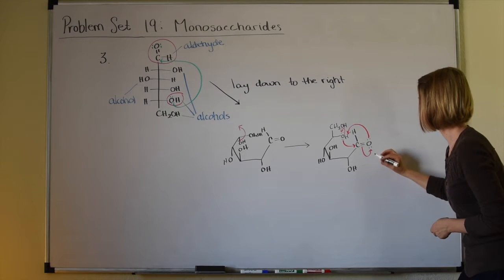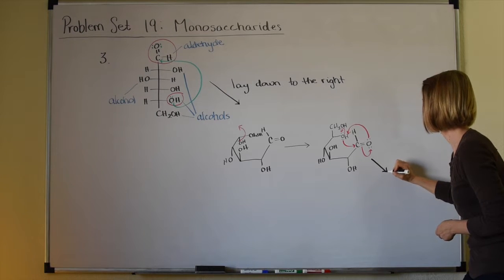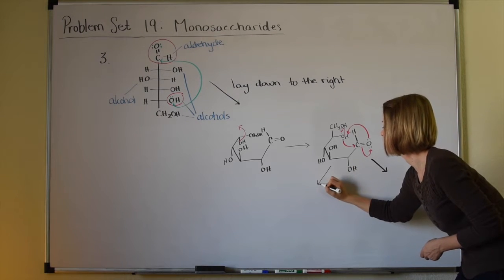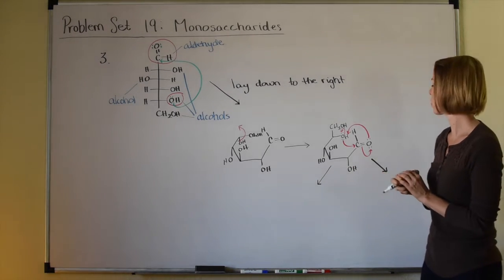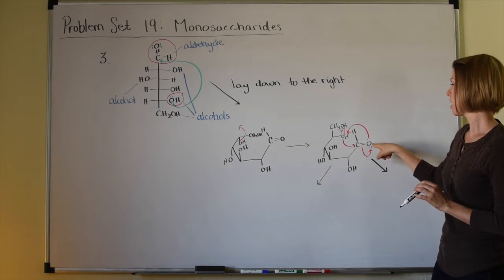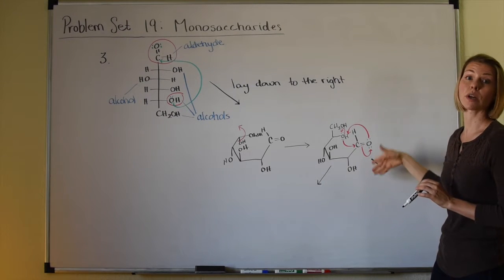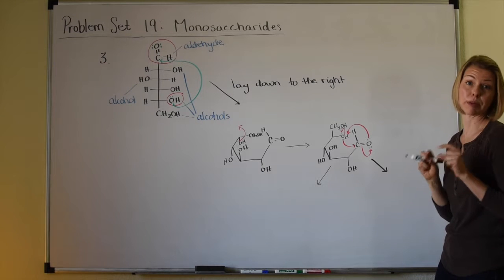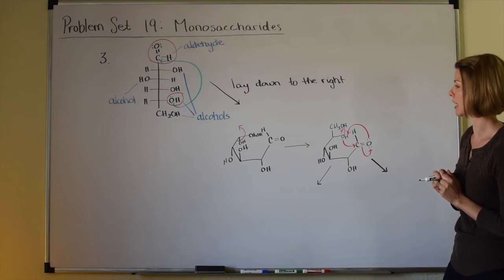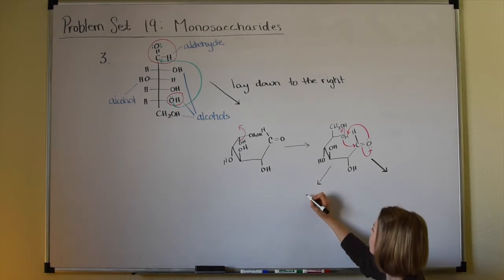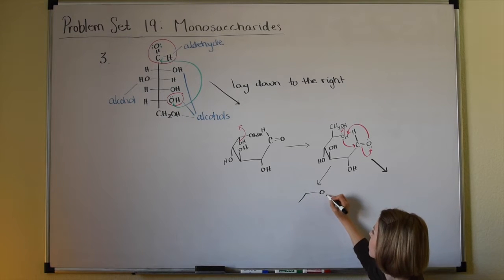So remember, we're going to draw out the alpha and the beta form. So I'm going to put 2 arrows there because we know that the OH can point up or down from the anomeric carbon, or the hemiacetal carbon there. So let's do the beta first.